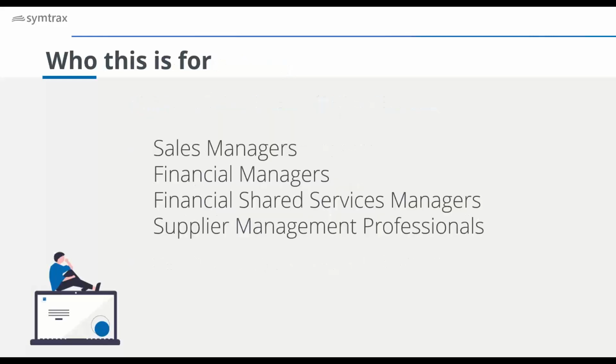So as you've probably already realized, the session today is focused on sales managers, financial controllers, and even financial directors and leads, and even potentially the other side of the fence, right? So supply managers. So those people you engage with on the other side, let's say on the customer side, we need to make sure that whoever they are, they're aware of the capabilities, the technological capabilities.